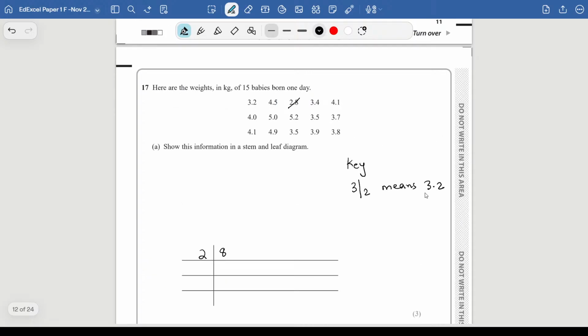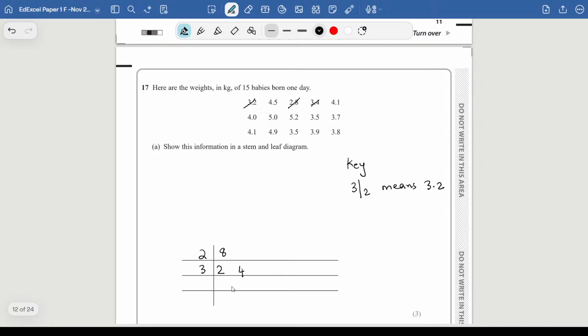The next after 2.8 is 3.2. Is there anything lesser than 3.2? No, so 3.2 is next. 3|2 represents 3.2. The next will be 3.4.